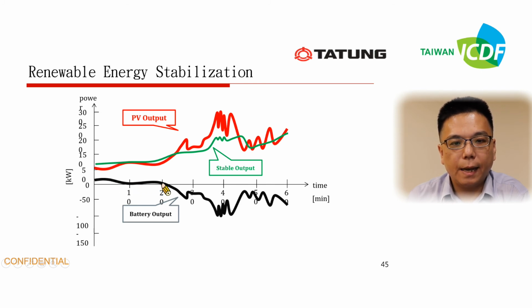When the power drops down, we can let the battery system discharge its power to the grid, and it can make the grid power more stable than without the battery system.